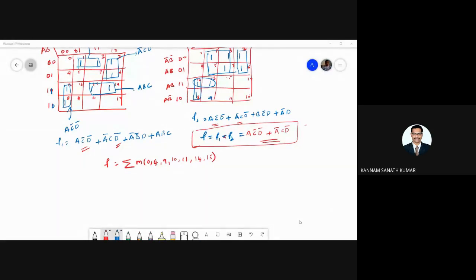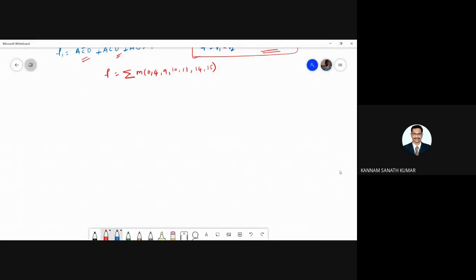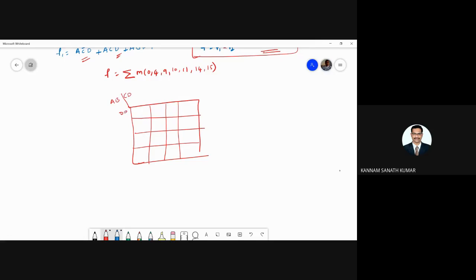So if you see, this one is AB and this one is CD. 00 01 11 10, 00 01 11 10.